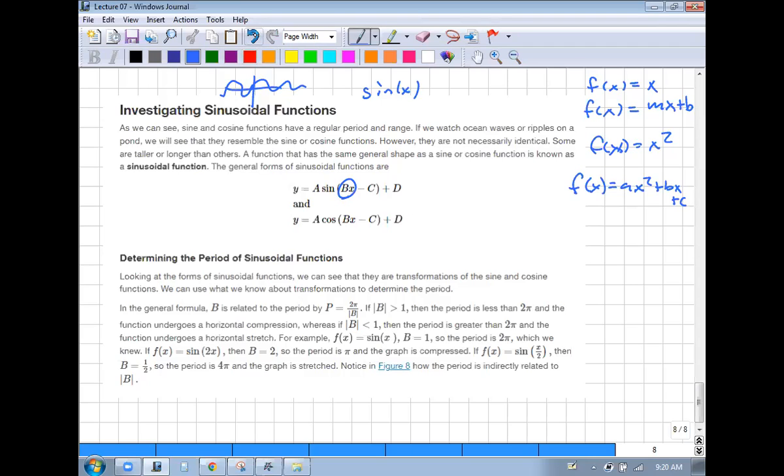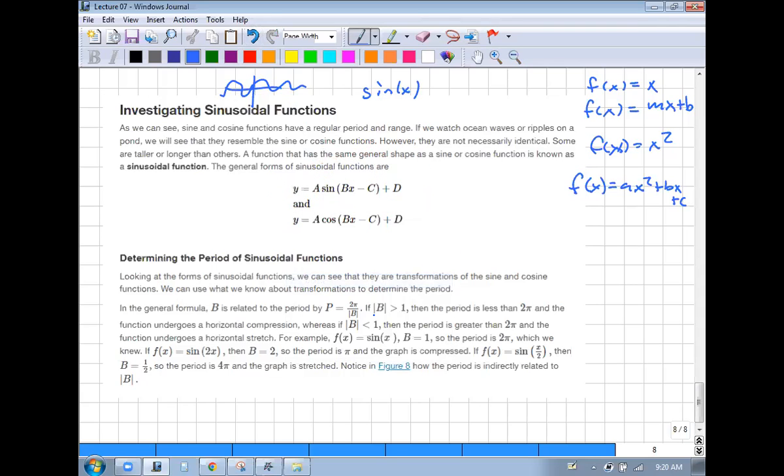This B here, if you multiply your x, this is going to compress or stretch things horizontally. Just like outside, it stretches or compresses things vertically. That's your horizontal stretch or compression. And then subtracting, that's going to be your shift to the right or to the left, depending on what C is. So shift up, stretch up, shift left or right, stretch or compress horizontally.